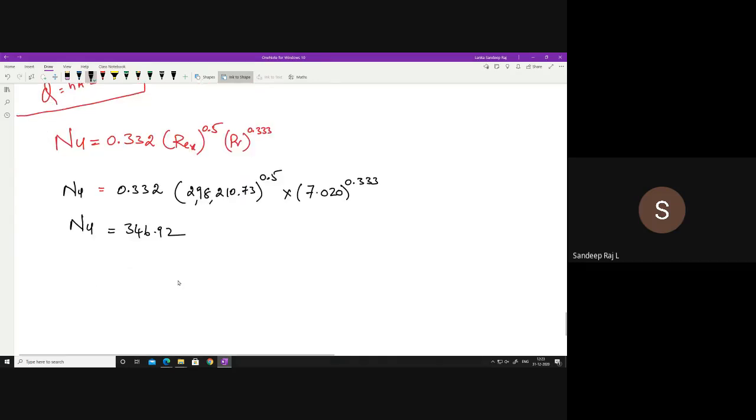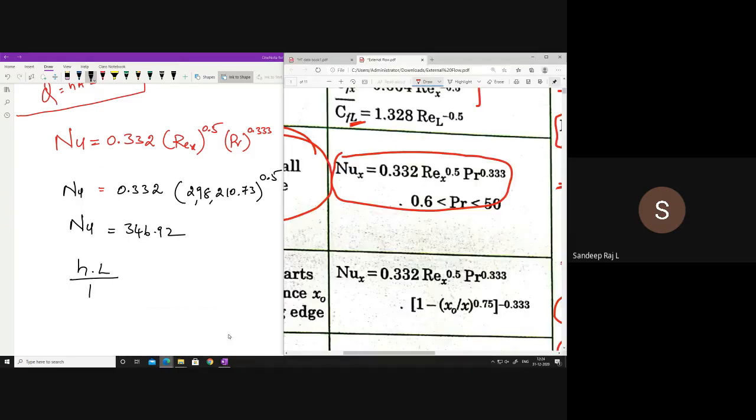So basically what you need is H. So you have to express Nu in terms of HL by K here. See, this Nu is actually NUX. If you carefully look at this formula, it is NUX.